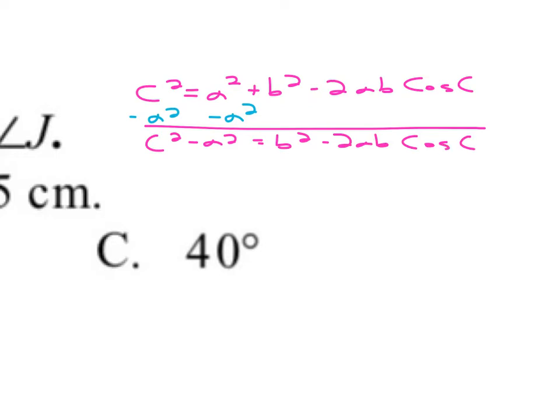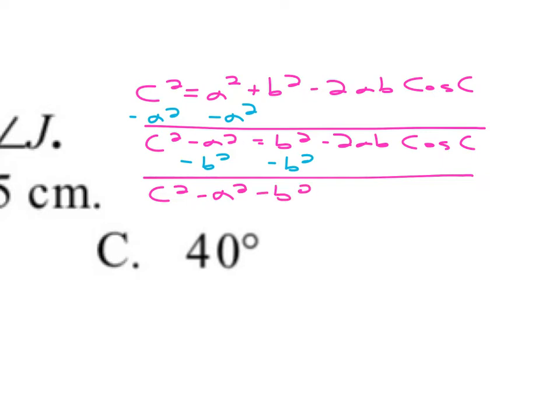And then I'm going to subtract away b squared. And you would get c squared minus a squared minus b squared equals negative 2ab cosine c. And then divide both sides by negative 2ab.